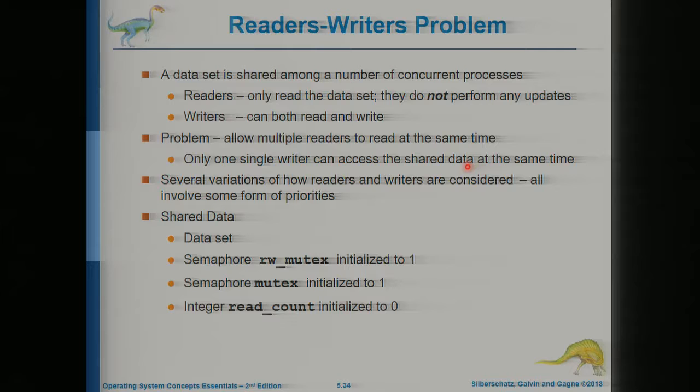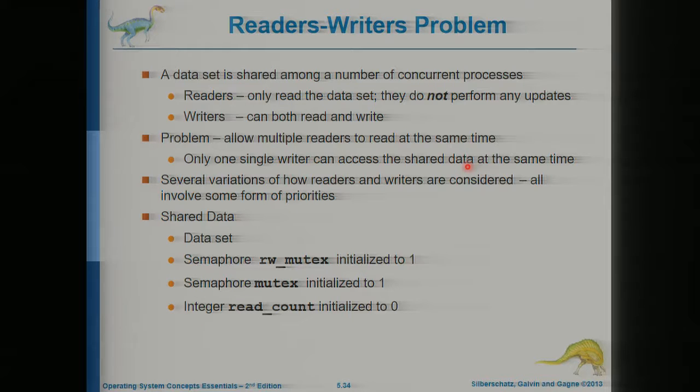So what we are doing here is, there is a data set. If the first person comes and says I want to read the data set, we will make a count. A second person enters and says he wants to read the data, we will increment the read count to 2. So every process that enters to read increments the read count.